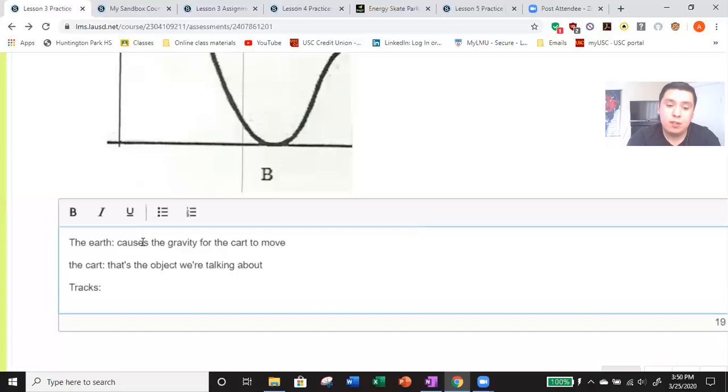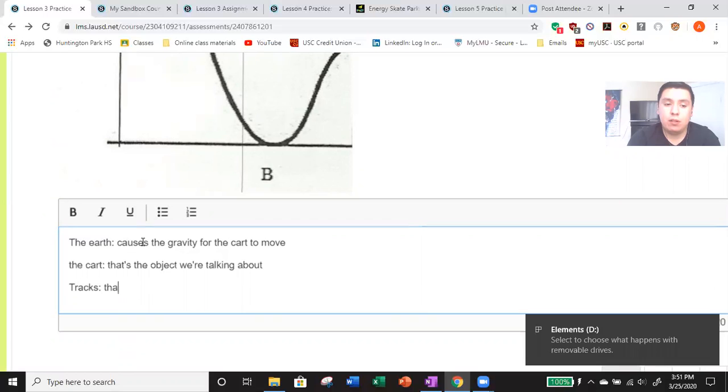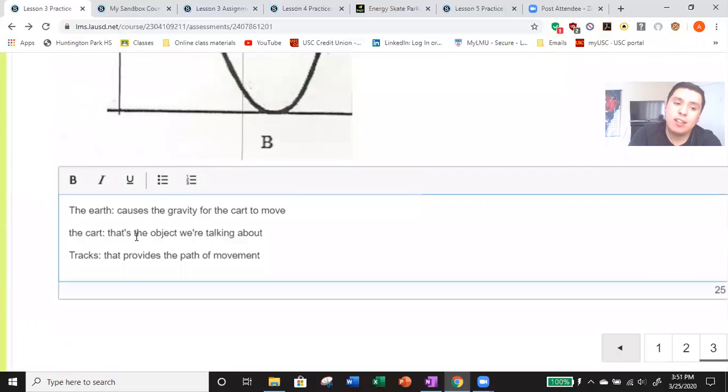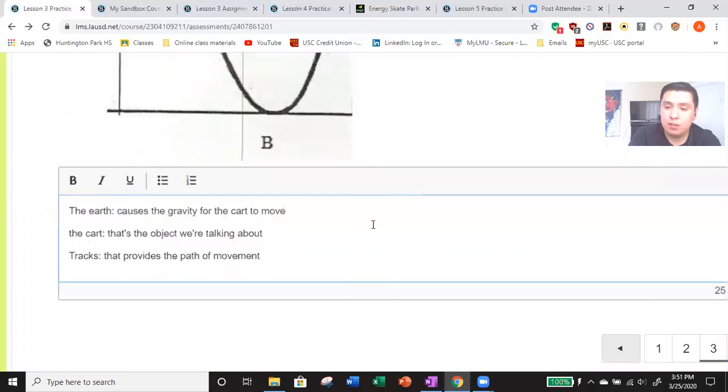I think it's the tracks because that provides the path of movement. So the Earth, because it causes gravity, the cart on a roller coaster, and then the tracks of the roller coaster, because that causes the movement.